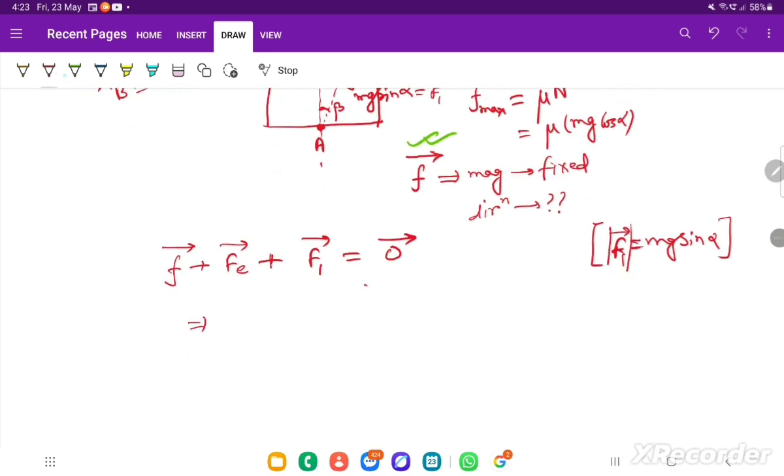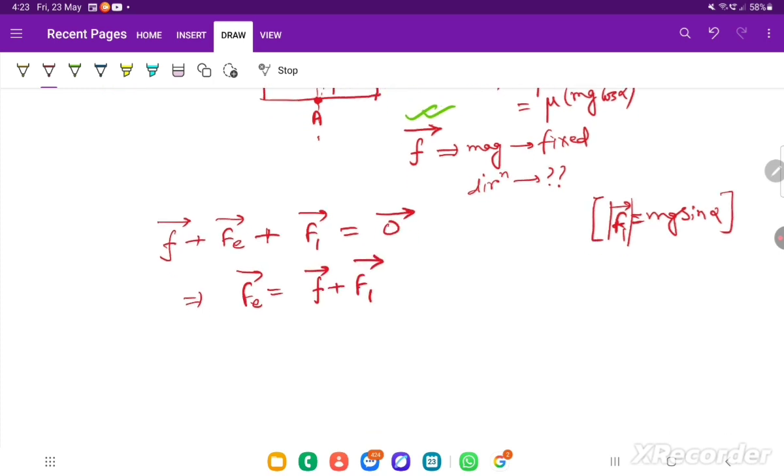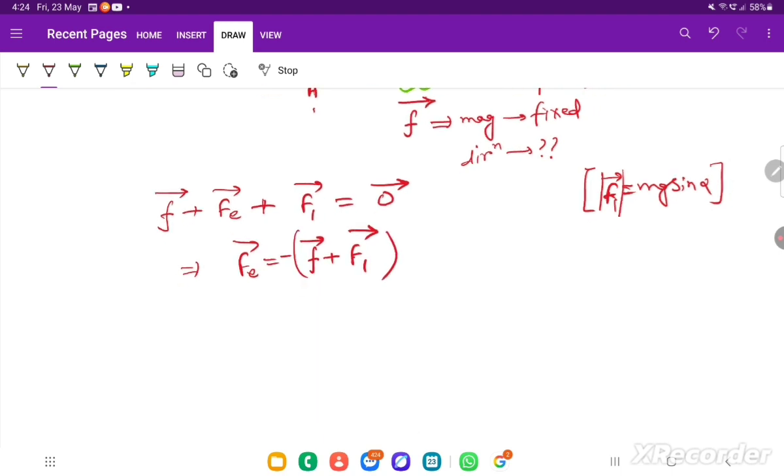So Fe equals minus friction minus F1. I'll tell you what's the purpose of writing it like this. So F1 is a constant force by magnitude and direction. So minus F1, you can write this as minus F1, which is also a constant force by magnitude and direction both. But friction is only constant by magnitude, right? We have already discussed this earlier.